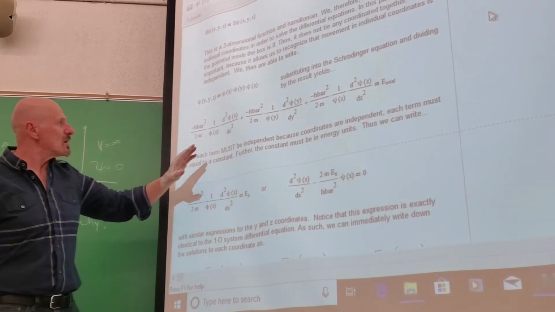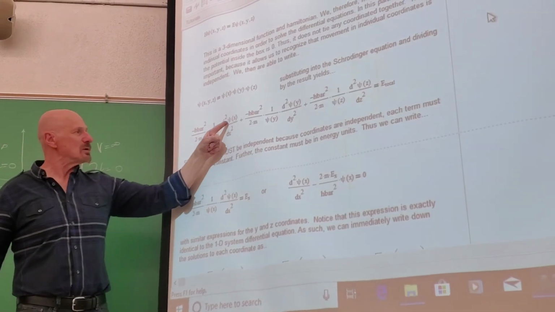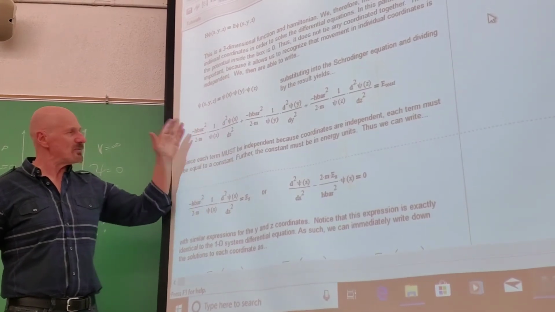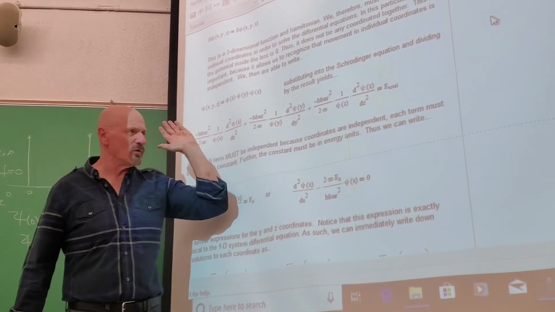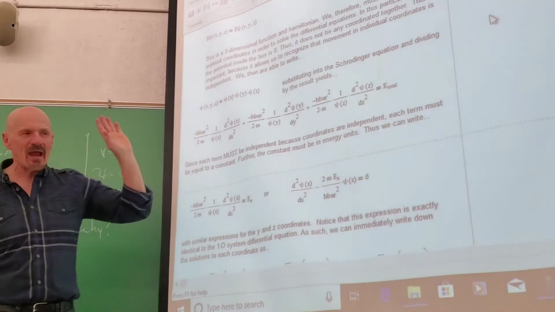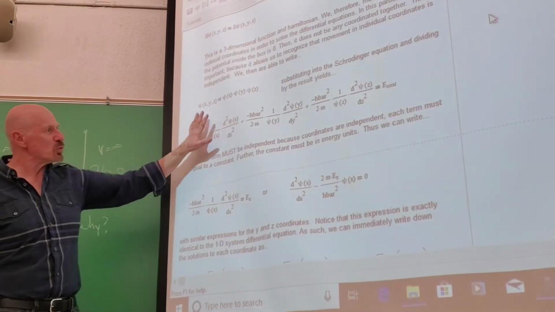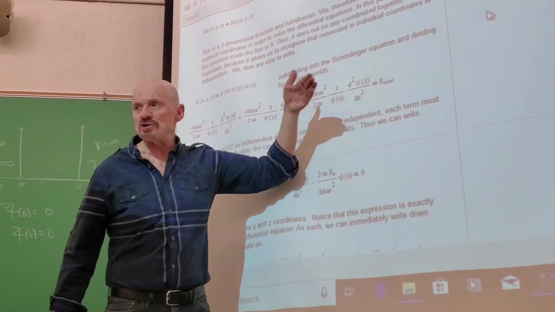Since the first operator operates only in X, I can separate out the Y and Z. This one operates only in Y, I can separate X and Z, and so forth. I get 3 different independent X, Y, and Z derivatives that all are equal to the total energy, a constant.